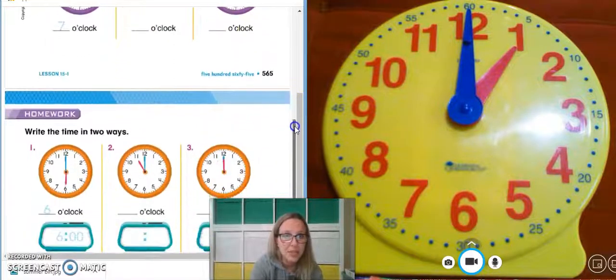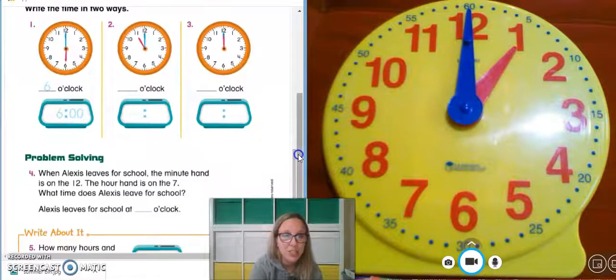And then turn to the back of that page and do the same thing here. Write down what time you see on the analog clock and then the digital. Okay, go ahead and do that now. And then unpause the video and you can check your work.